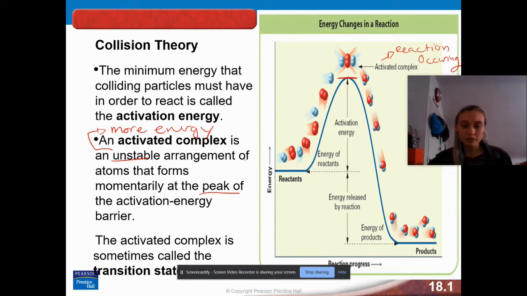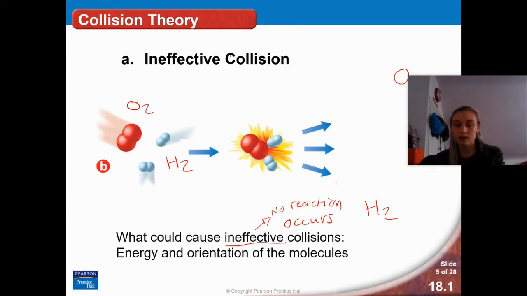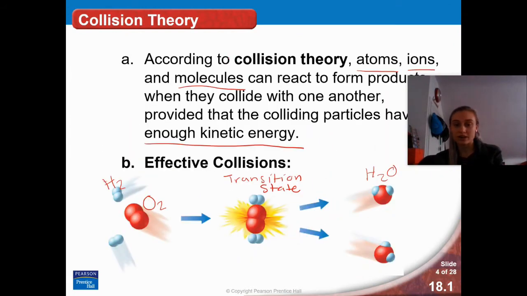And then finally, you can't really see this down here, but your activated complex is called your transition state. So this is where your transition state is. In this graph where it goes like this, it's going to be right here.